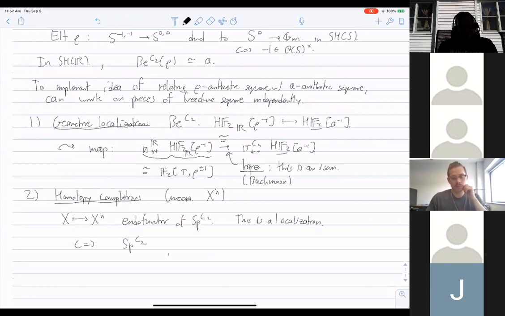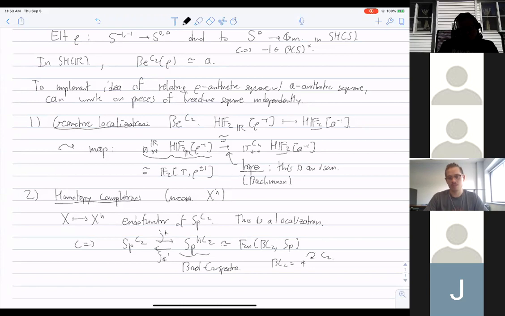So I have C2 spectra, and I have Borel C2 spectra, which is the infinity category equivalent to the category of functors from BC2 to spectra. So I'm just looking at spectra with external C2 action. By BC2, I mean the groupoid where I have a single object and a C2 worth of endomorphisms of that object. Now, let me denote this adjunction by J upper star and J lower star.